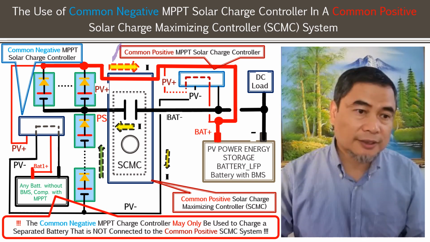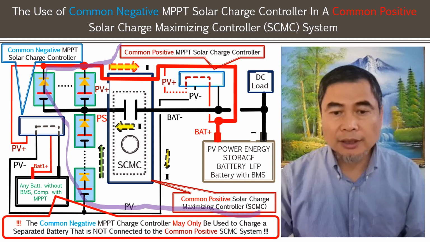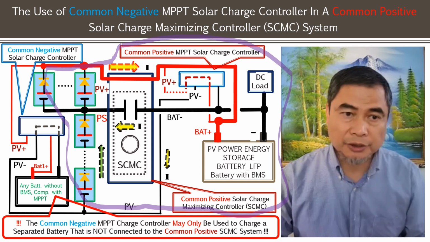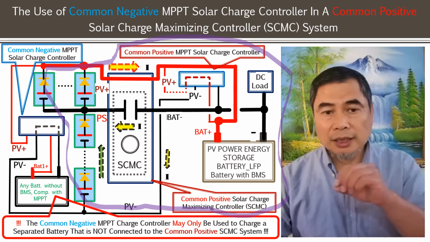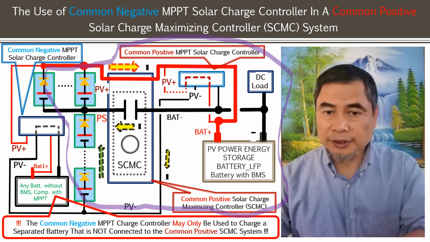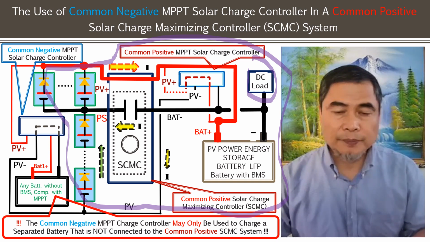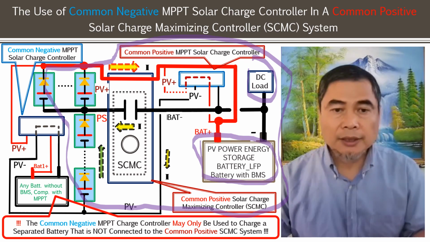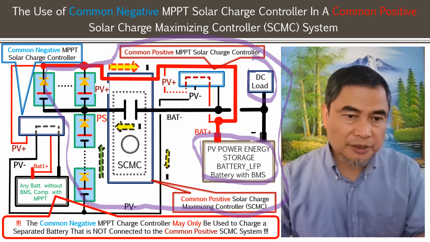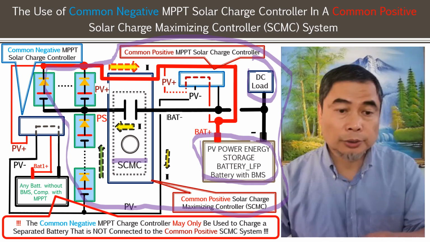The whole system here is actually a common positive design, with a common positive MPPT solid charge controller in the system powering the DC node directly, with high current capacity. It has to have an LFP battery with a battery management system, typical of this solid charge maximizing controller system.